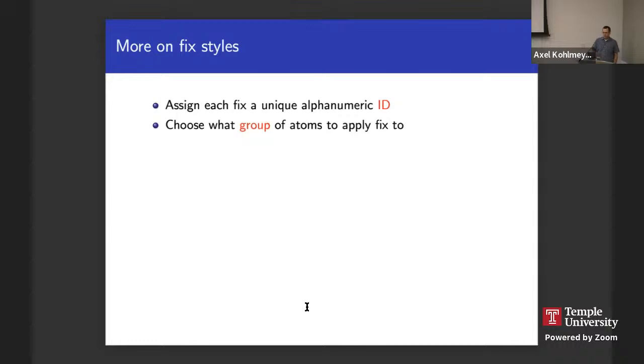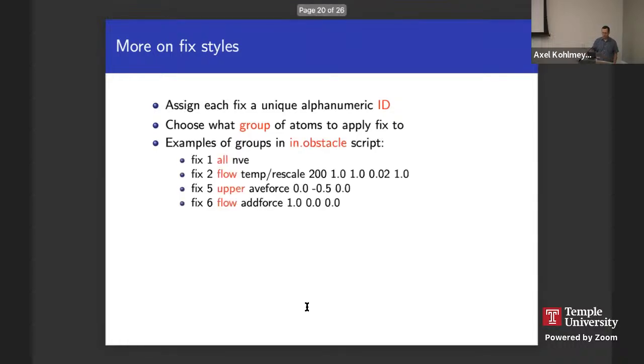As we said previously, each fix takes a unique alphanumeric ID. You can call that whatever you want. It's just your personal name for that fix. And then you also have to choose what group of atoms to apply the fix to. That could be all atoms, or it could be a smaller subset.